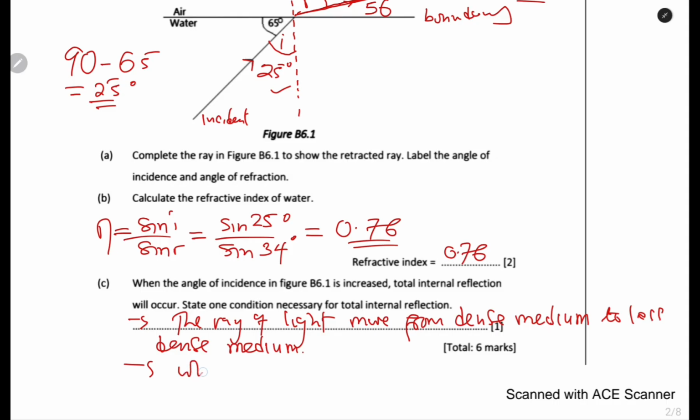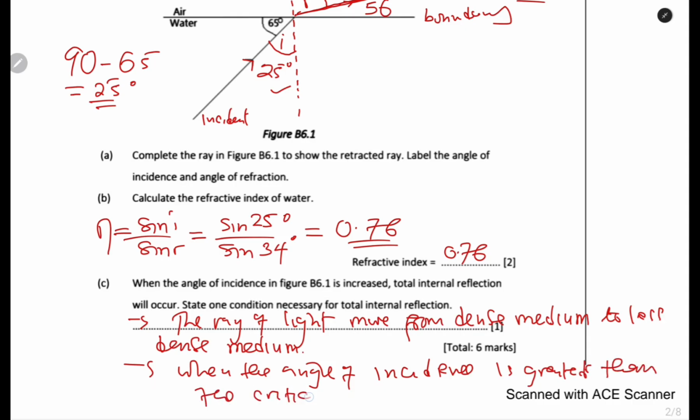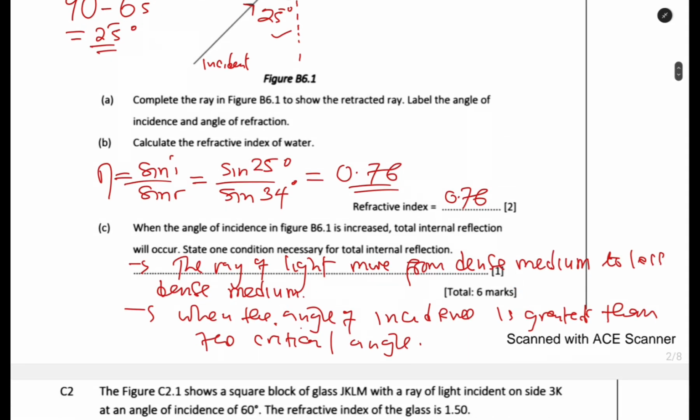And also when the angle of incidence is greater than the critical angle. The critical angle is just the angle of incidence at which the angle of refraction is 90 degrees. So when it is beyond that, total internal reflection occurs.